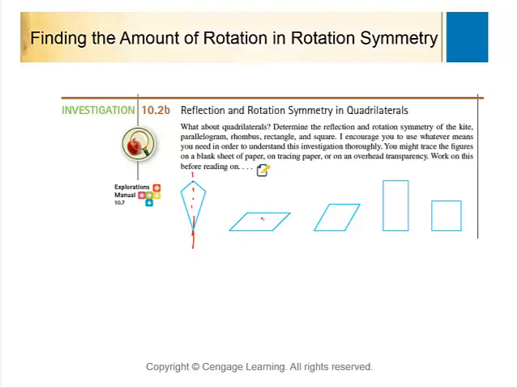This guy right here, if I rotate him 180 degrees, meaning I just turned him over, I would see that he would be sitting back on top of himself. So I don't see a way to draw a line and get this one back, because if I fold this over, his corner would be down there somewhere.